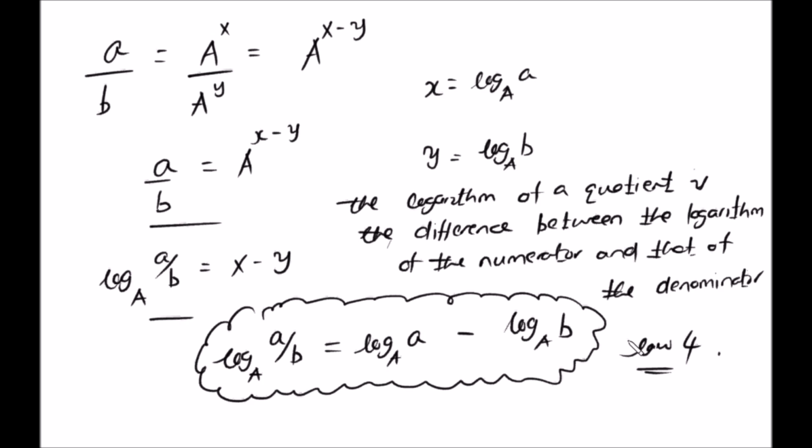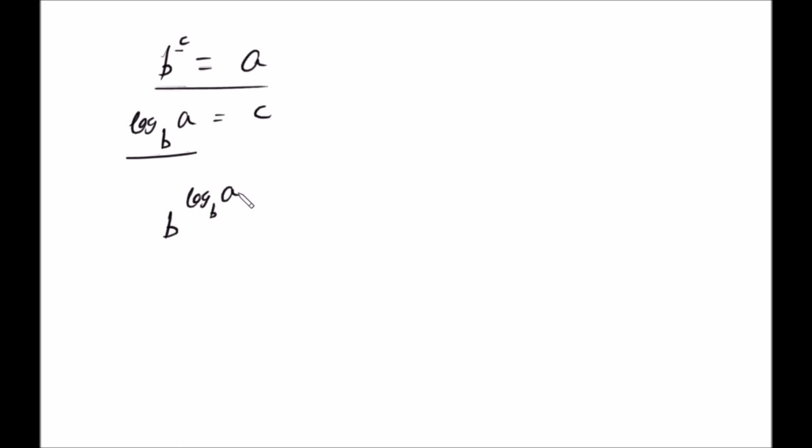So now turudi tena kule tulisema b power c sawa na a. Yeah. So hapa tukasema hii ni log ya a base b sawa na nini na c. Kwa hiyo kama c ni sawa na huyu, kwa hiyo hapa kwenye c hapa niweke huyu. Kwa hiyo kumbe b power log ya a to base b ni sawa na a.